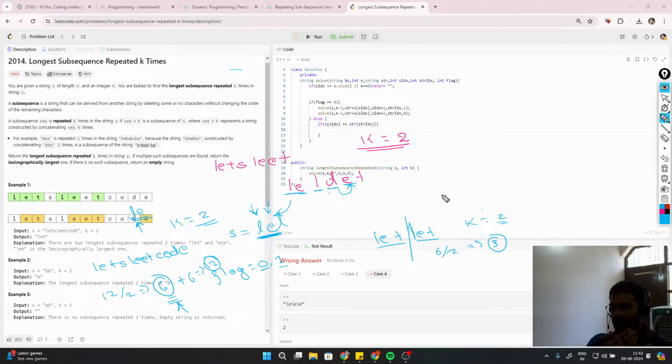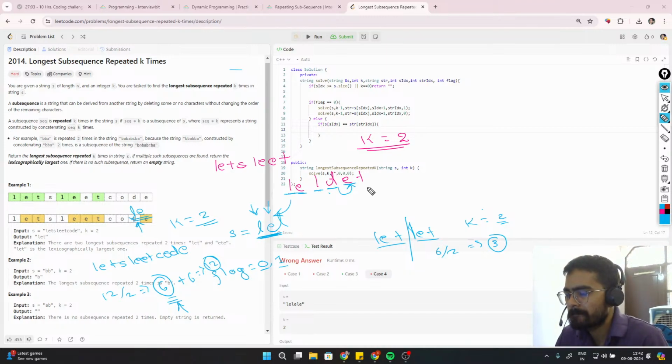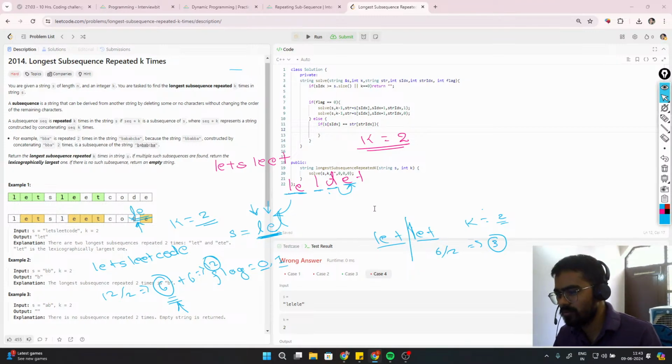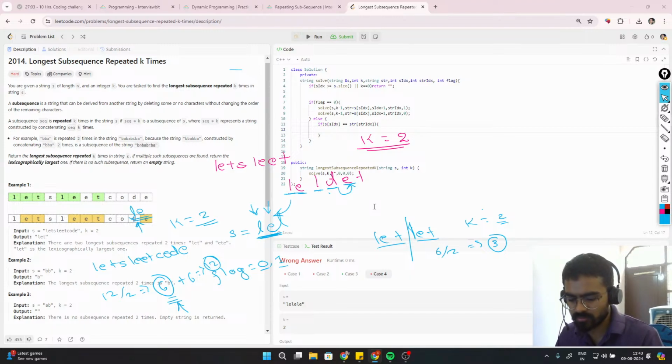So whatever string that we made here, hmm, this is a really nice question. How can we approach it? What more insights can we find?